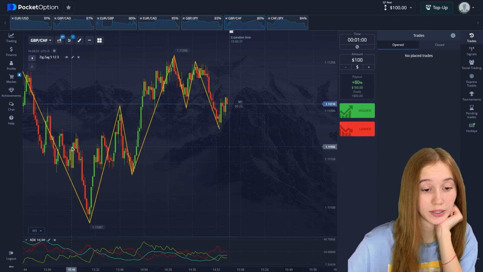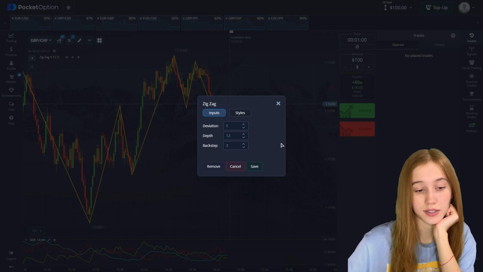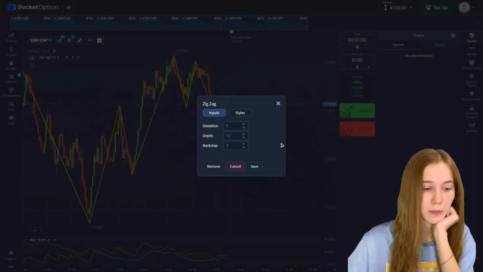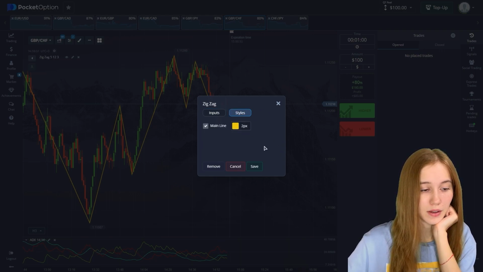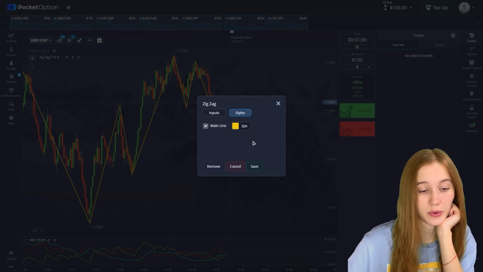I think it will be Zigzag, located on our chart. Here are its parameters. You can pause it and screenshot it, copy it. This indicator is located on our chart.